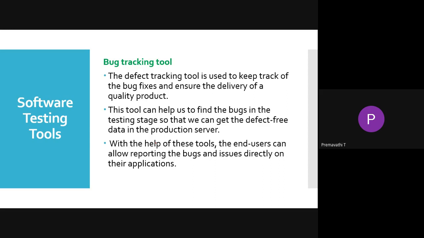It includes the bug tracking tool or some other tool. It will be combined; there will be options like that. We have to do only the part of the execution as well. Like that, we use the bug tracking tool for finding the bugs in the testing stage, and also we have to get defect-free data in our production server.